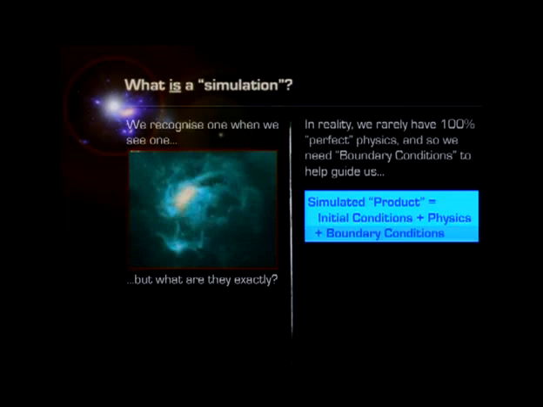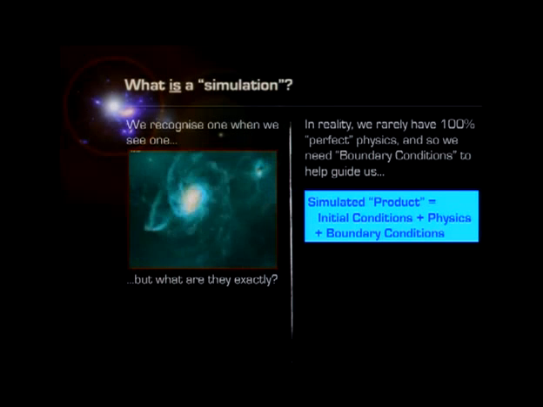Now, in reality, we don't usually have 100% perfect understanding of every aspect of the physics that's associated to a given problem. And so generally what that means is you need a little help to guide the physics along the way. So you'll hear me mention occasionally boundary conditions.